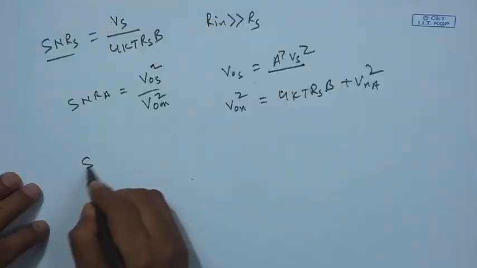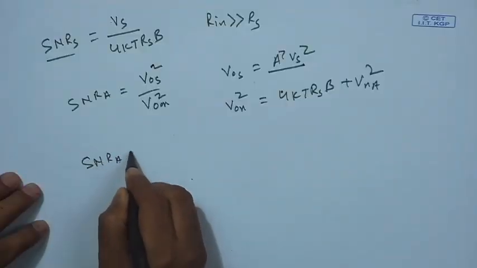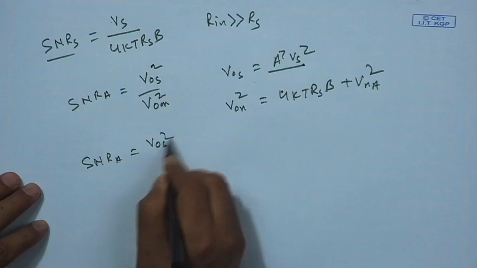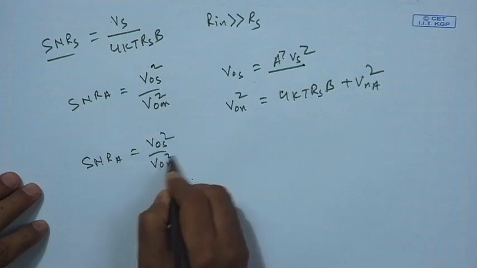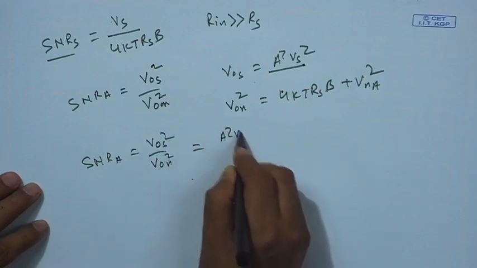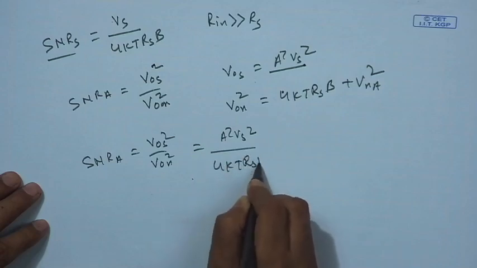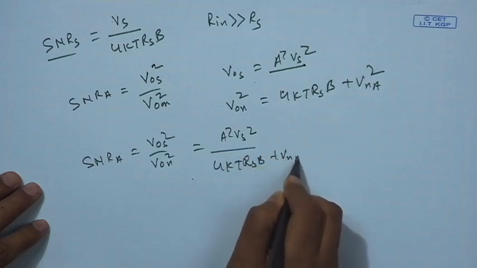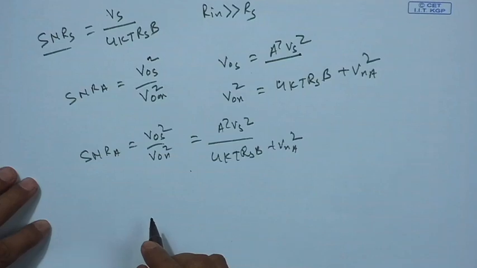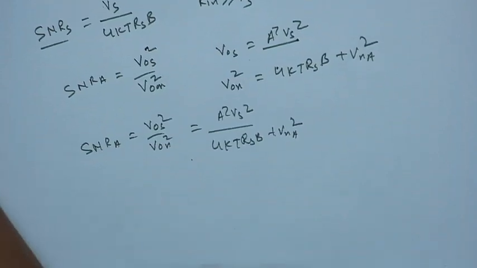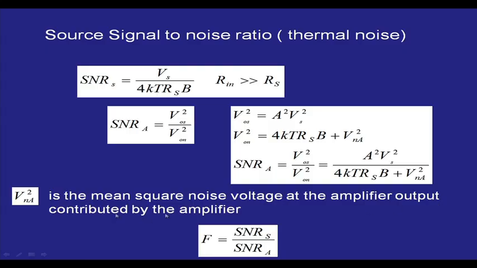So SNRA is nothing but VOS square by VO1 square, which is A square Vs square divided by 4kT Rs B plus Vn square. Okay. Vn is the mean square noise voltage at the amplifier output contributed by the amplifier. Now, what is the figure of merit F?